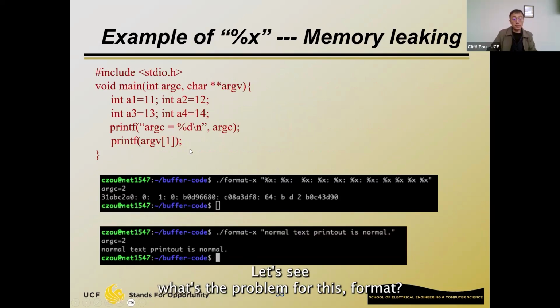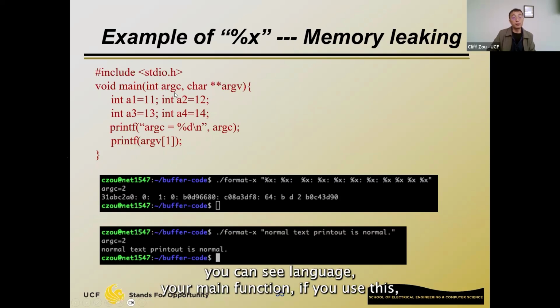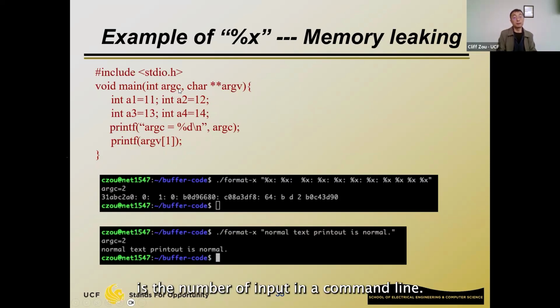Okay, let's see what the problem is for this format string vulnerability. Suppose for this very simple code, we print out argv1. In C language, in the main function, argc is just the number of inputs in the command line.